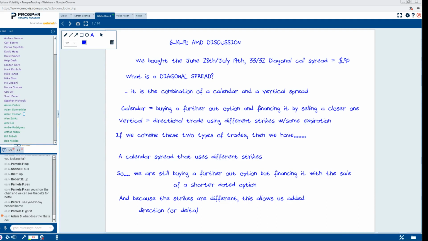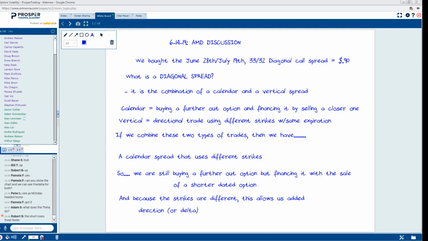Okay, so Adam, let's talk about this. Based on the conversations we've had this week, and there've been many of them, about our match and our planet positions, which were just straight calendar spread positions, how does theta factor into that?